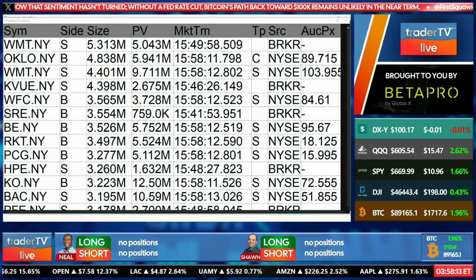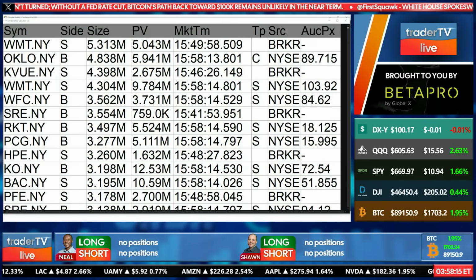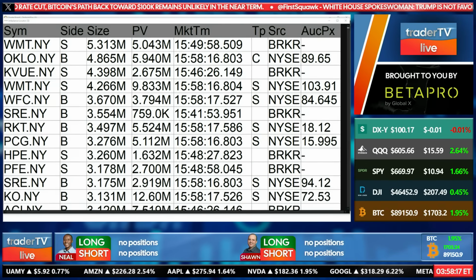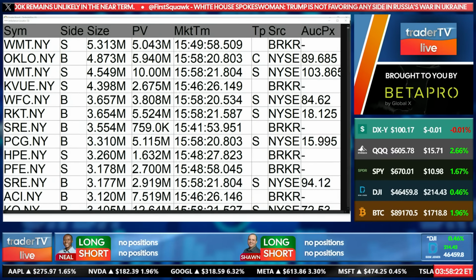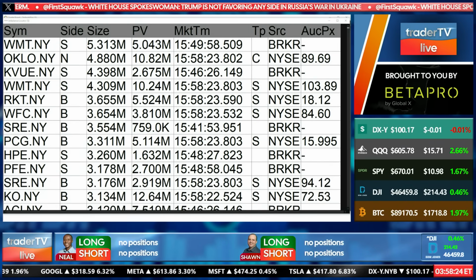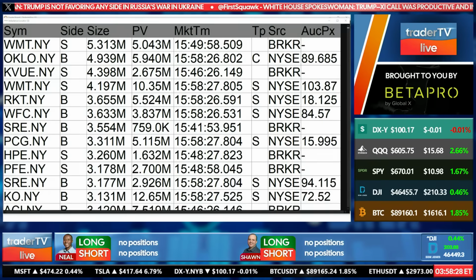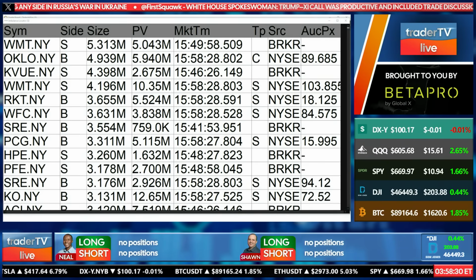So 4.8 million still on OKLO, but it's certainly not behaving like it's a big imbalance at all. It's completely rejecting this bid. If it can stay at the last second, there might be something there, but it's already paired a bunch. So this might be a bit of a trap here on OKLO.